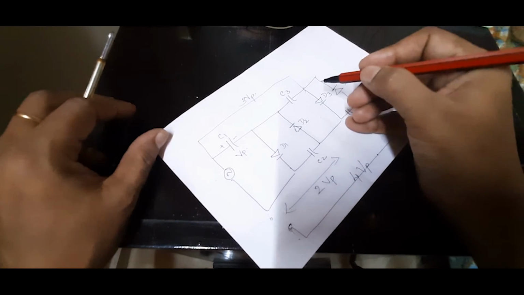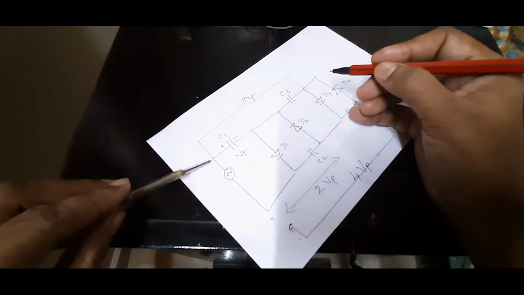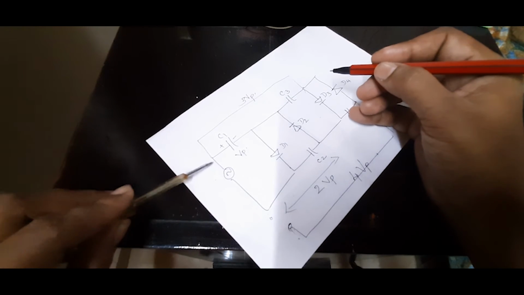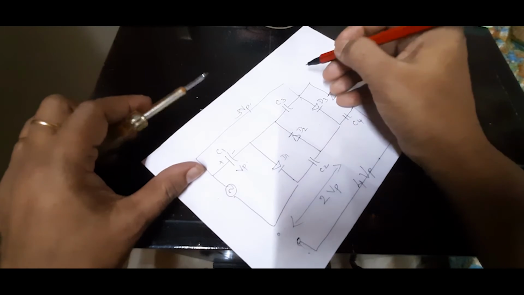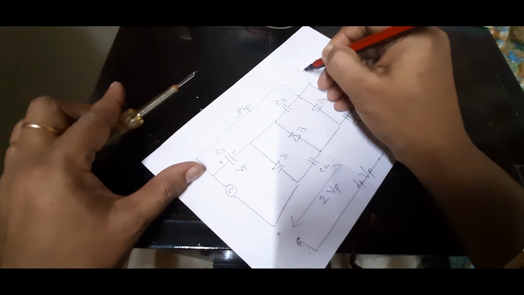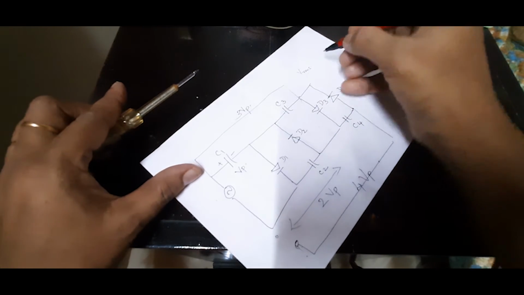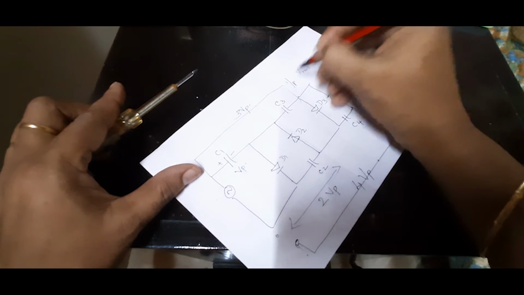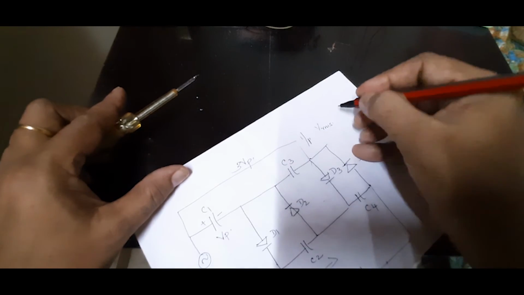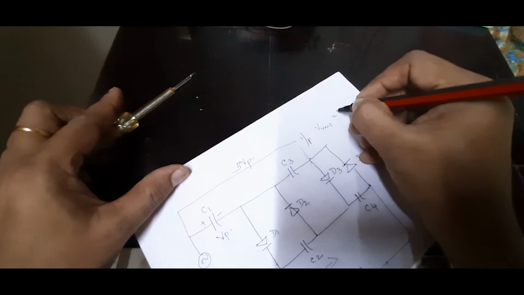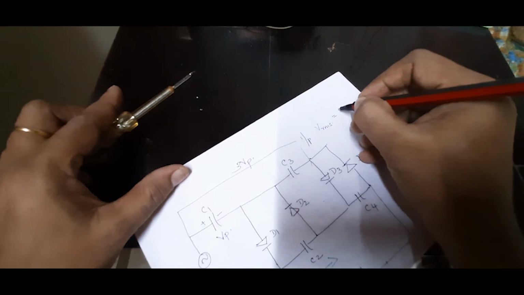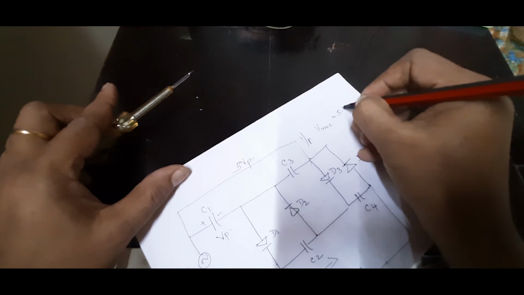Now, I measured the input AC. Remember what I am measuring is input AC over here. And I measured it once again. That is VRMS input. VRMS is equal to what I got when I repeated the measurement, 5.7 volt.